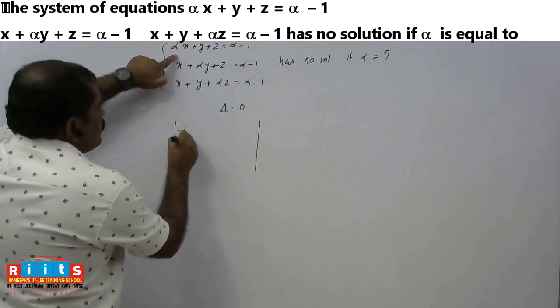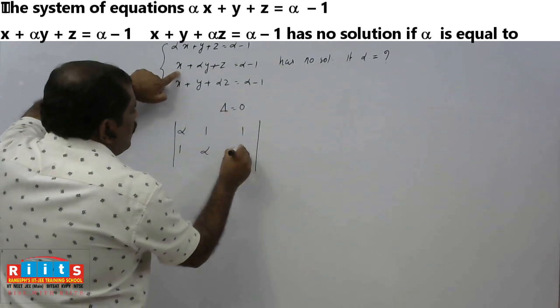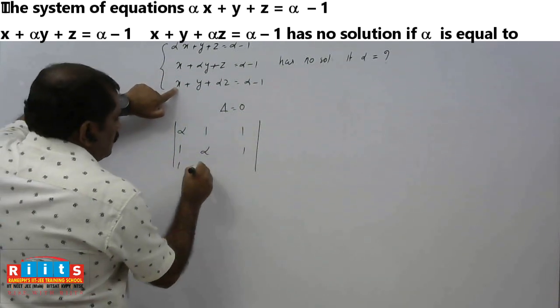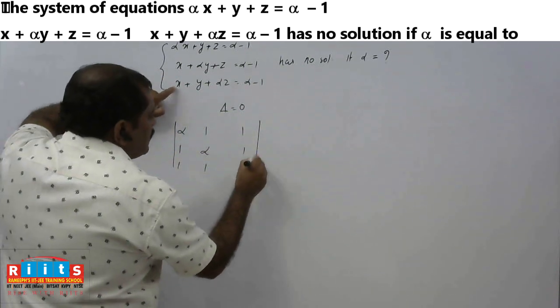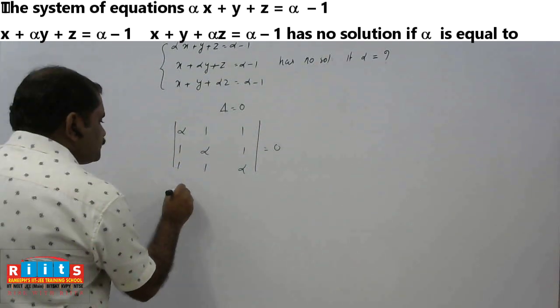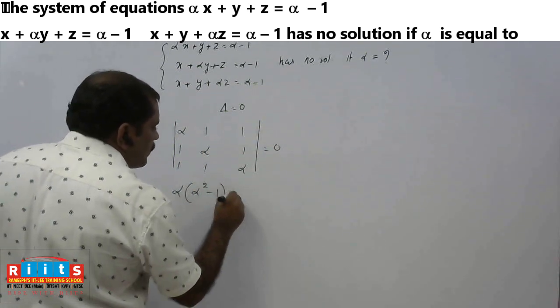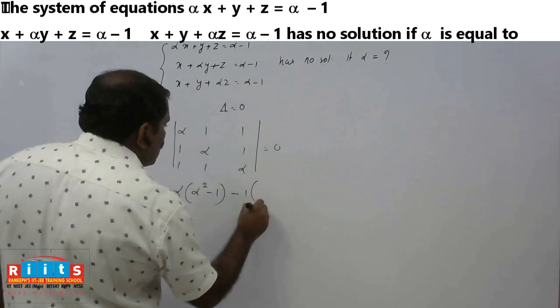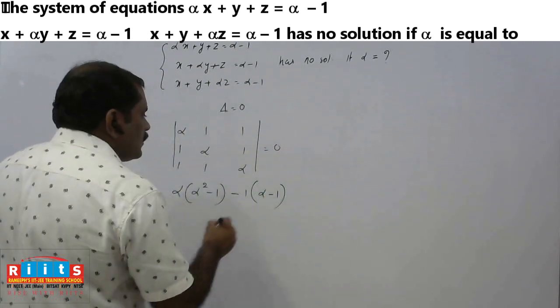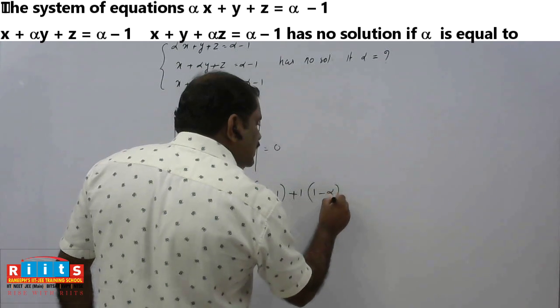Alpha 1 1, 1 alpha 1, 1 1 alpha, that is equal to 0. Solving the determinant, that is alpha into alpha square minus 1, into alpha minus 1 plus 1 into 1 minus alpha, that is equal to 0.